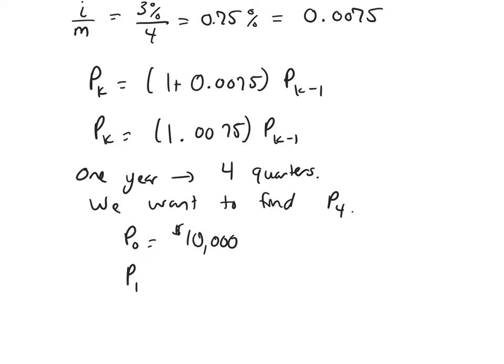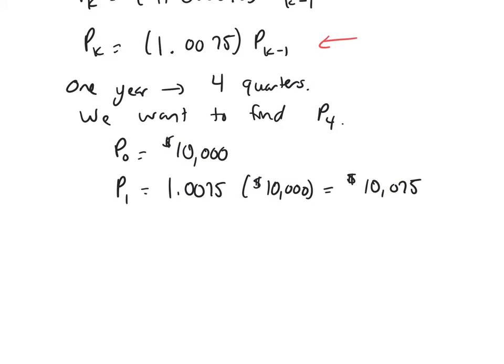And then you're going to use your recursive formula, recurrence relation, and you're going to figure out what's in the account after it's compounded once, after 1 quarter, $10,075, and then you're going to keep going. So you'll find P2, times what I just found. So you'll get $10,150.56.